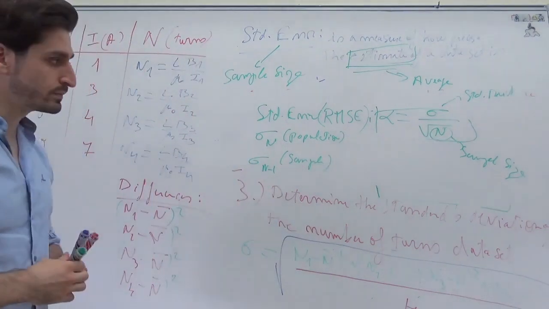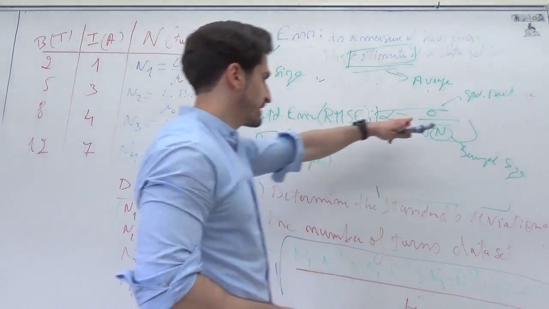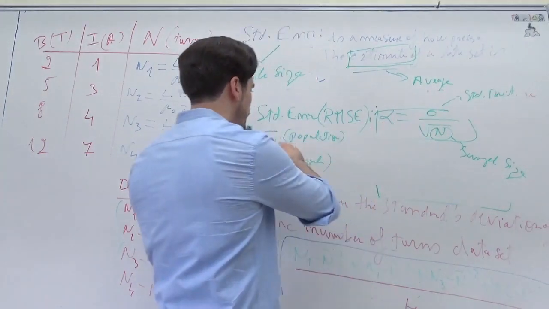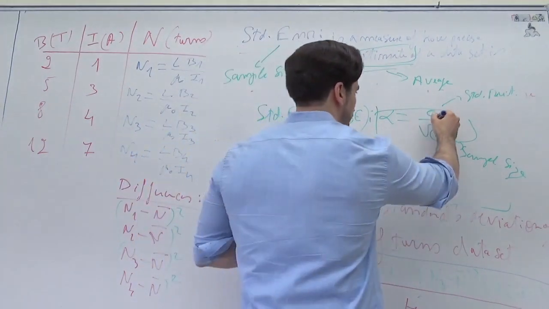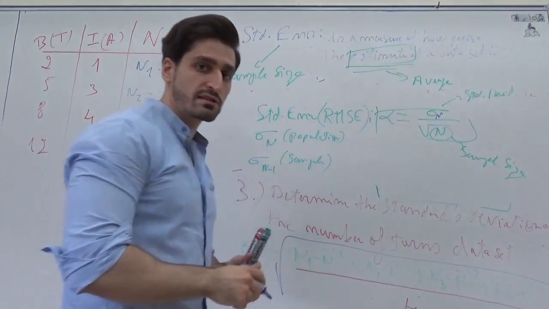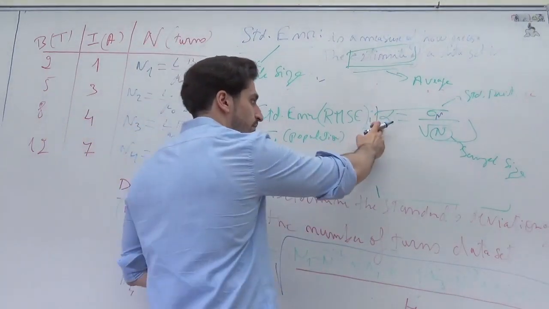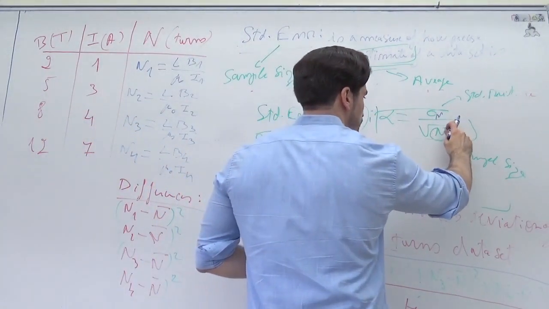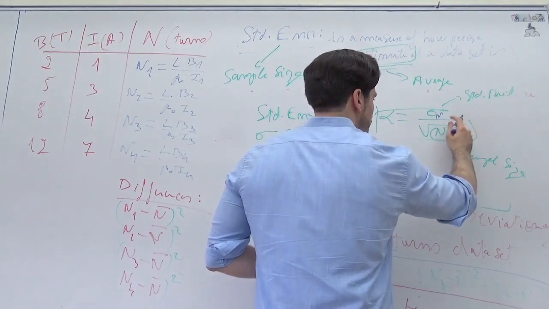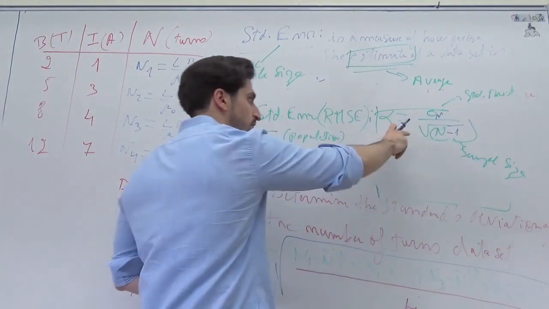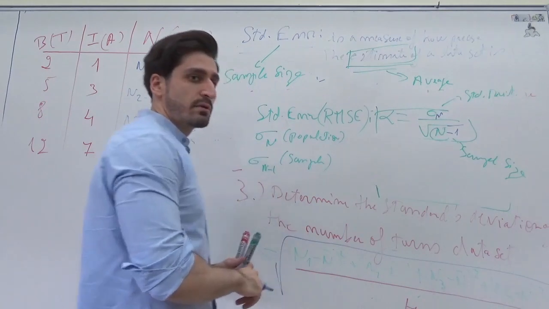In that case, if we were using over here the value that we have obtained for sigma n, meaning the standard deviation of the population, therefore alpha is going to be divided by square root n minus 1. So over here we have alpha equal to sigma n divided by square root n minus 1.